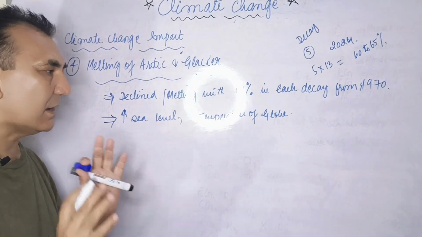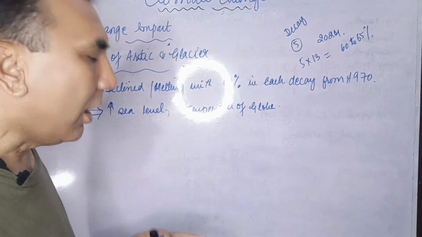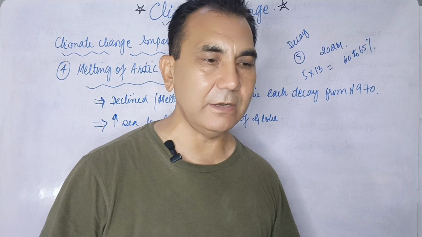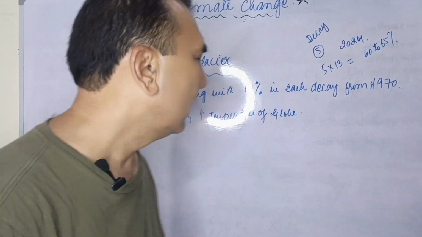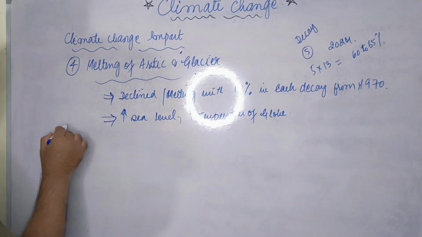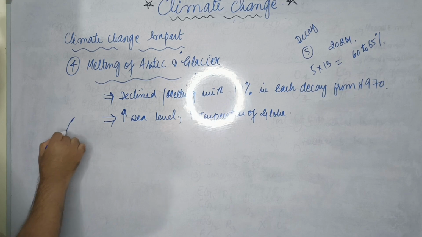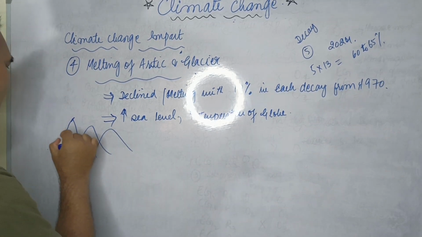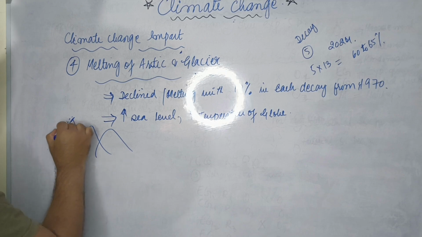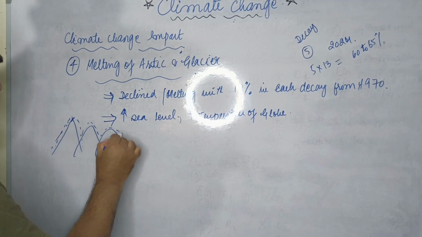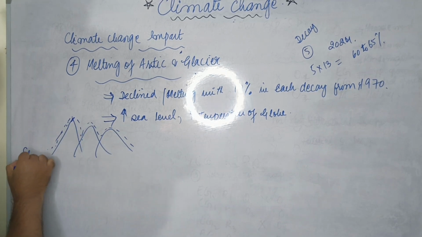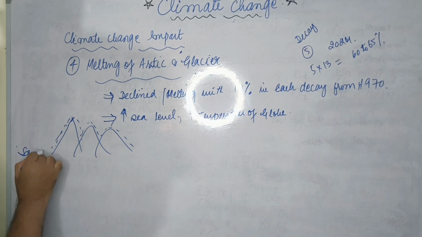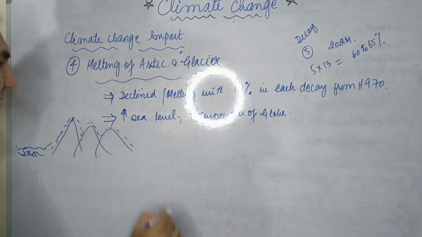Now, the question will arise here: how can the glacier increase the temperature of the globe? Because you know the glacier mostly covers the high mountains and sea level.